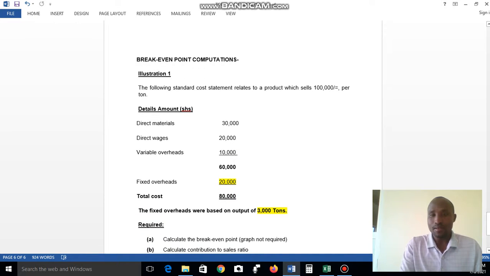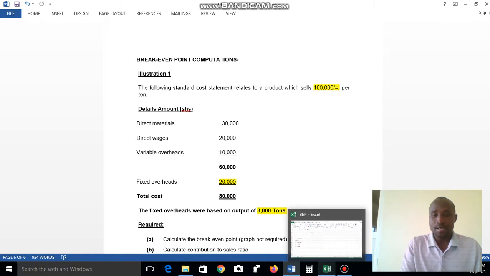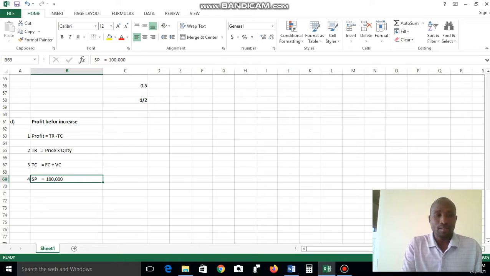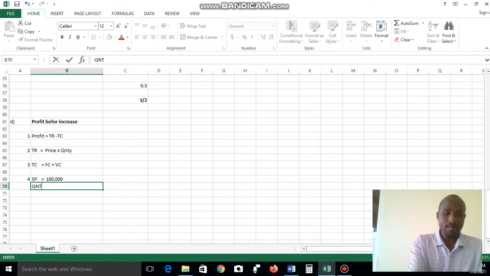This is the selling price I'm trying to refer to. So 100,000. Then what will be the quantity? The quantity is 3,000 tons.